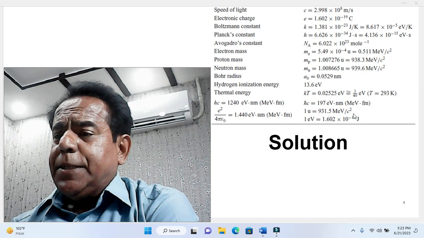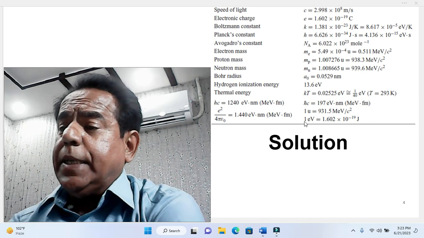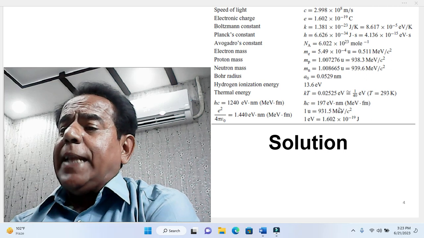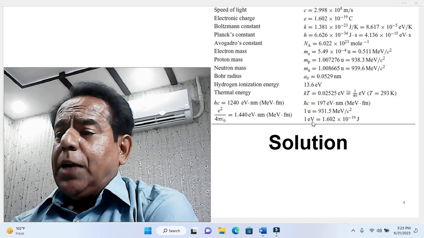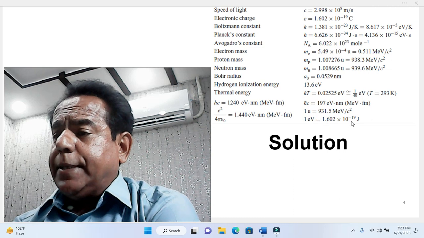Okay, the last conversion factor has been used in our solution in the sense that it is actually 1 electron volt equal to 1.602 into 10 to power minus 19 joule.